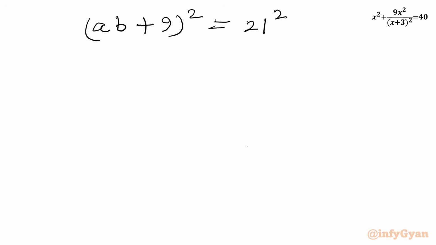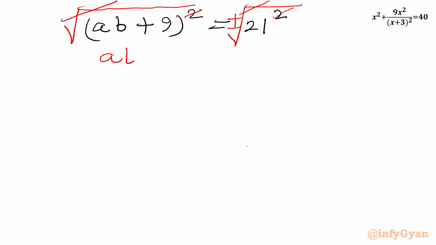Now we will take square root both sides. So we'll write here the square root symbol. Now we have to put the plus minus sign. Simply by cancelling square root with square on LHS and RHS, we will get ab plus 9 equal to plus minus 21.